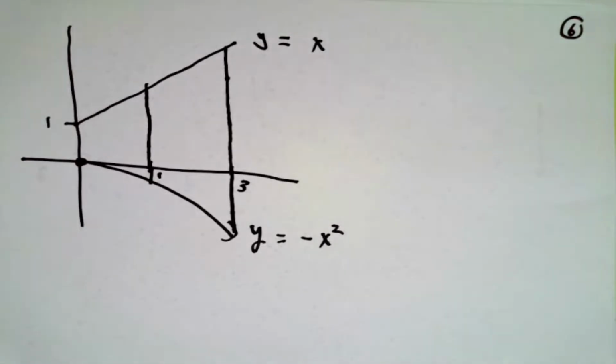As an example of this, I want to think about the area between the graph of y equals x and y equals negative x squared, starting at x equals 1 and ending at x equals 3. Now, of course, we already know what's going to happen. We could just write the integral down, but that's not the point to what we're doing here.